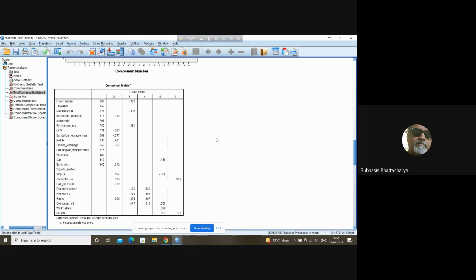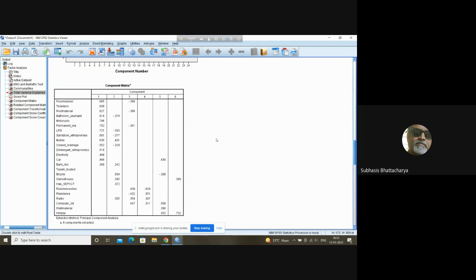These variables are quite significant. Look, the bathroom use habit has a component value of 0.816, and for the second component, the bathroom use habit is minus 0.374. So look at these values of the second component.